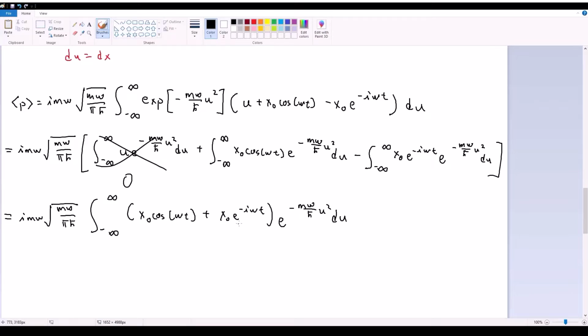I see that I have both complex exponentials and sinusoids in this expression, so I'm going to turn this into a sinusoid. e to the negative i omega t via Euler's identity is going to be cosine of omega t minus i sine omega t.